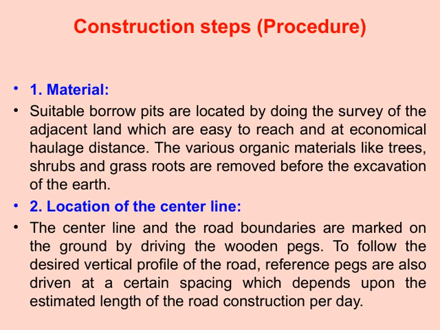The spacing of these reference pegs depends on how much work we plan to complete each day, helping us stay on track and ensure the profile remains consistent along the entire length of the road. This systematic approach to material selection and precise marking is crucial for the smooth progression of the construction and achieving the desired quality and alignment of the final road.